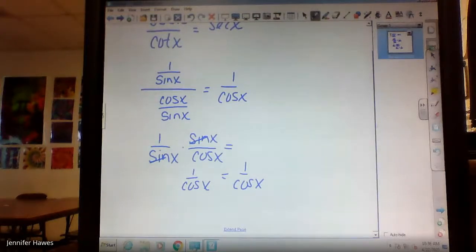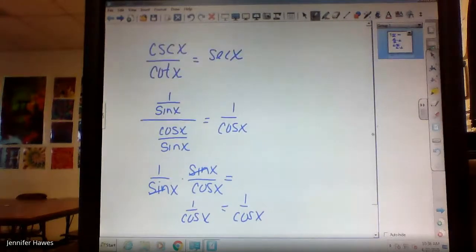You substitute in there as much as you can, and in the end, I should have the same thing equal to the same thing. This is what I meant by the more complicated side, not that this is real complicated, but it was just a fraction equal to just something. In the end, if you didn't change that and just left it secant, when you got down here to 1/cos, you could have just plugged in secant. In the end, I have the same thing equal to the same thing.